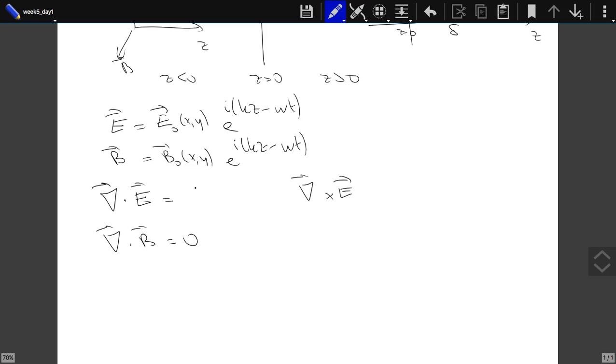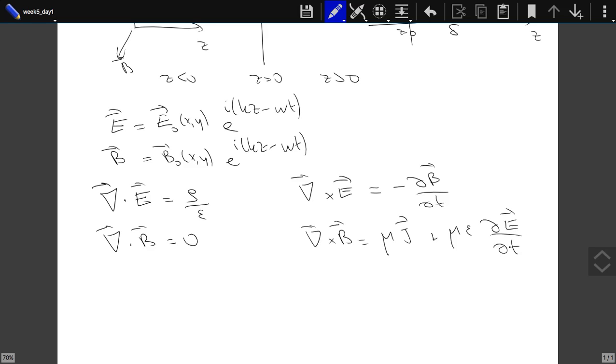Let me just add the charges. I will say why I'm adding the charges in a moment. Curl of E is equal to minus del B by del T, and curl of B is equal to mu times J plus mu epsilon del E by del T. These are valid both inside my perfect conductor and in my waveguide in the empty space.